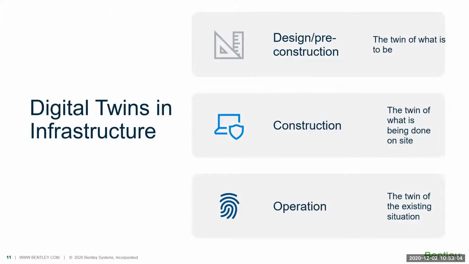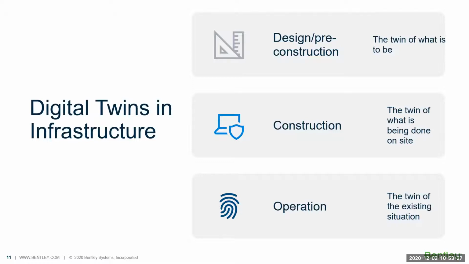It's also like Paul mentioned about construction, where in our Synco solution we also leverage digital twins. So I think Paul already told you a brief idea about digital twins. I'm not going to repeat it, but just have a look. When we design, this is what the twin of what is to be.